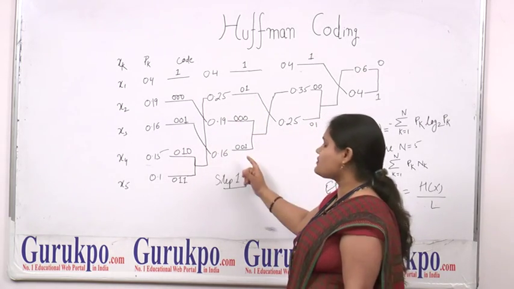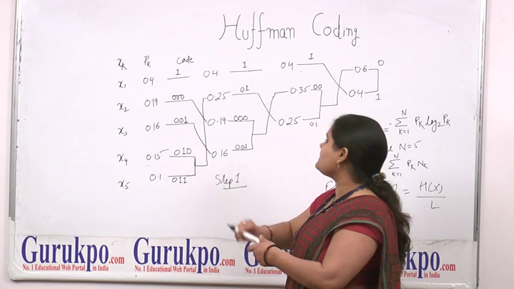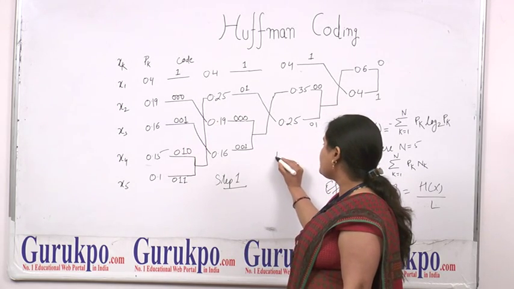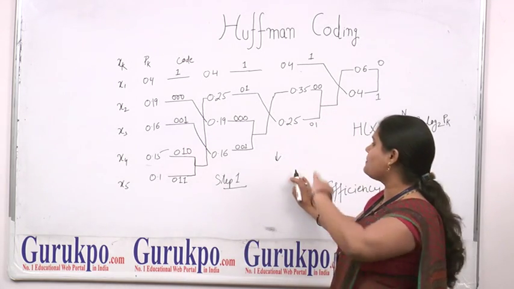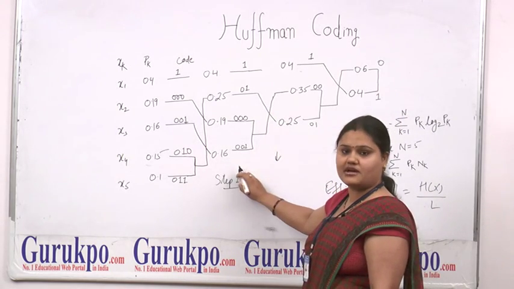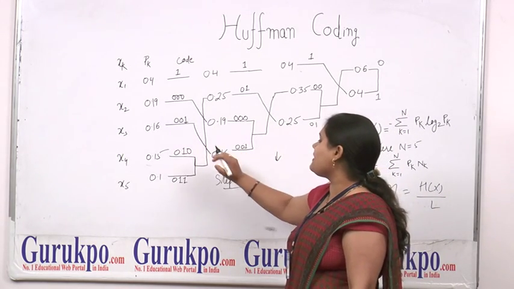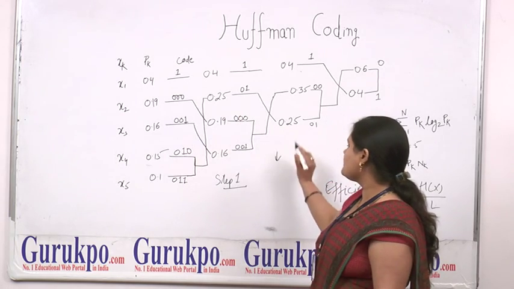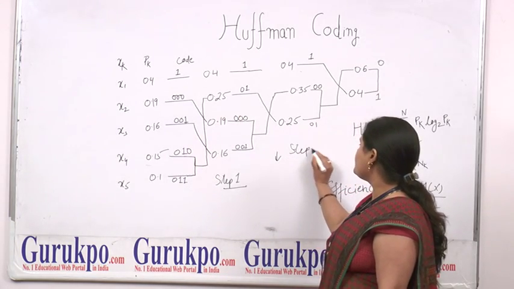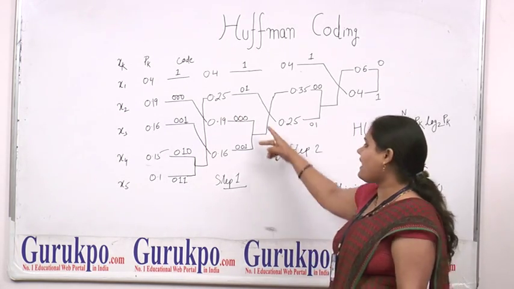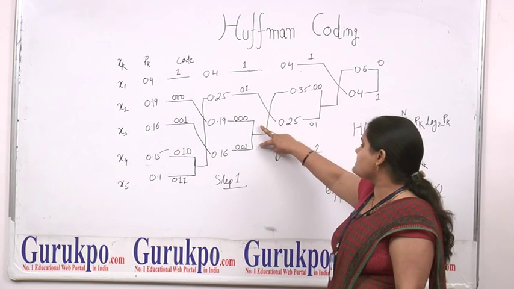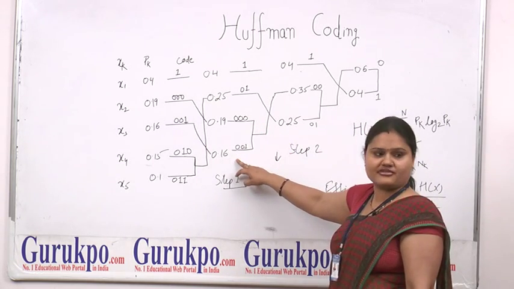The next step follows the same. We have to arrange in decreasing order, with the higher probability on the uppermost and the lower on the lowermost. That step is step 2. In step 2, we again add the two lowest probabilities, that is 0.19 and 0.16.